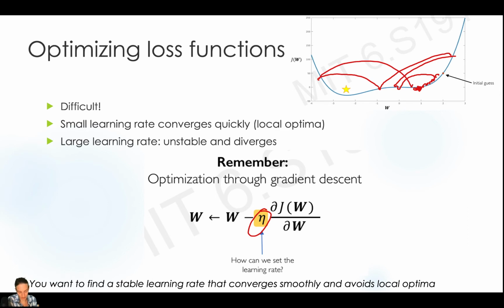It misses the optimum, basically. It wouldn't go down slowly; it would go up and down. So if you see your loss function going up and down, try a smaller learning rate. Our goal is to find a stable learning rate that converges smoothly and is still big enough to avoid local optimums.